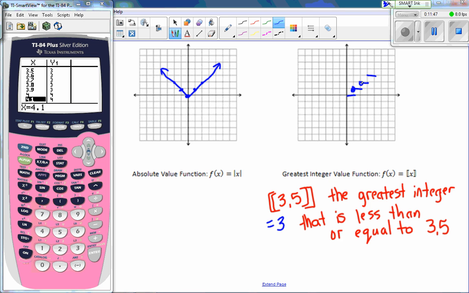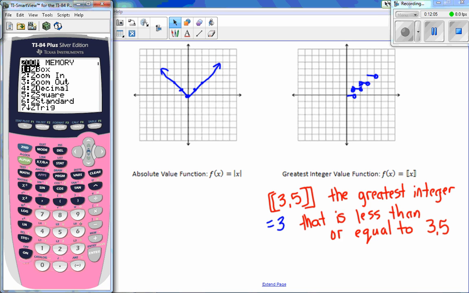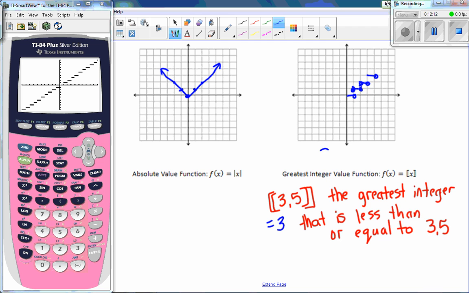These are going to be the closed in ones, and the open circles are going to be on the ends here because it jumps up at that point. So it's hard to draw those on there. If we look at our graph, I'm going to go zoom 6, and you'll see it will draw those on there. Now, this is sometimes called a step function, and you can see why, because they look like stair steps. All right, so that is a greatest integer value function or a step function.